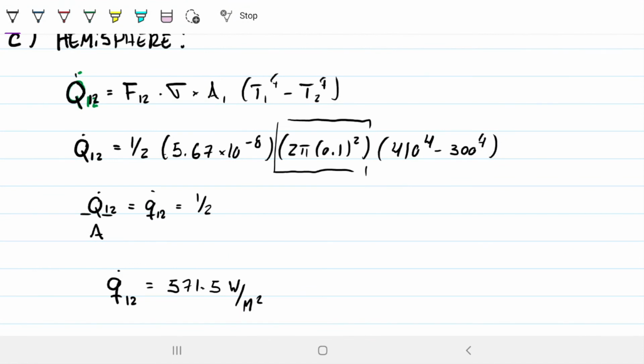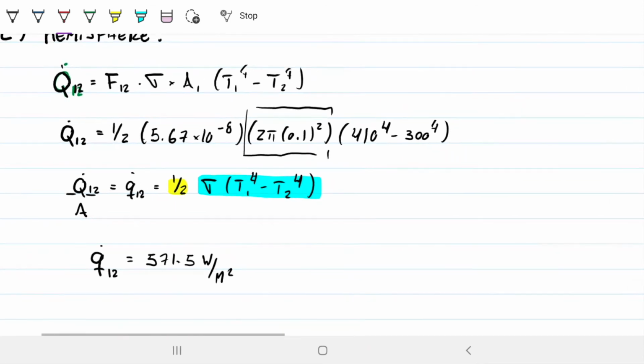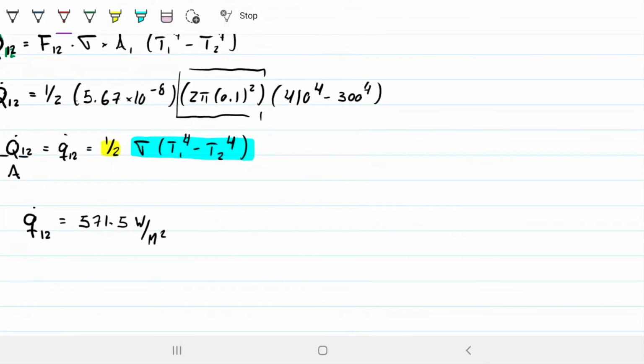I'm going to have 1/2 of T1 to the fourth minus T2 to the fourth. Again, this we know to be the 1143 I found before, and this is just 1/2. In the case of the gray body, this was 1/3 instead of 1/2. So if I want to do a comparison, what is the energy being emitted by the gray body with respect to how much energy was being emitted by the black body?